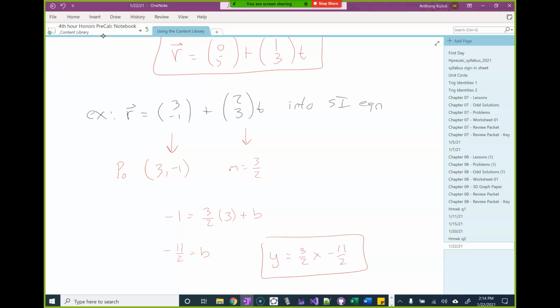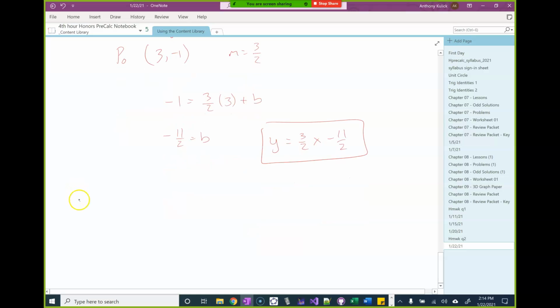One more example problem will be done. Let's say we want to find the intersection of these two lines.